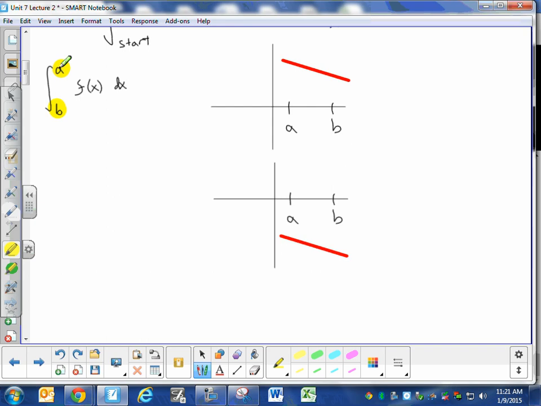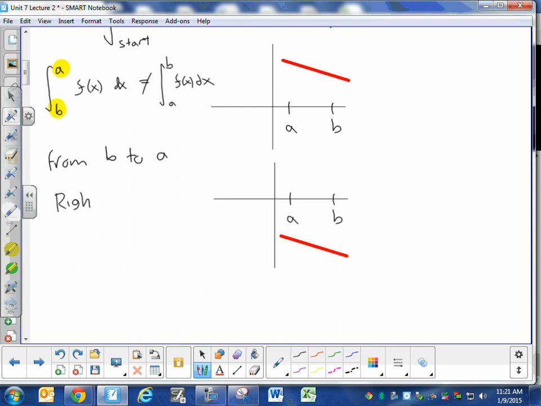It is not the same as A to B. So here we're going from right to left if B is to the right and A is to the left. Okay, let's see what we have.